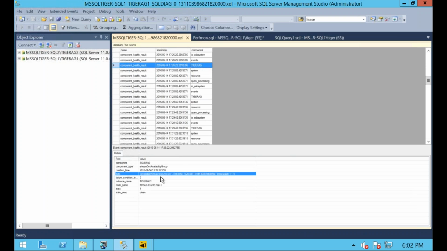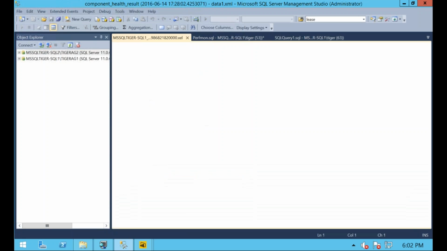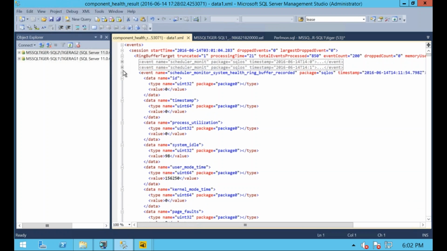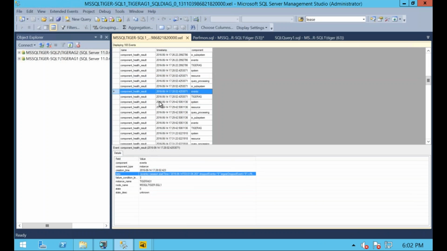You get to see the data from the AG, and you get to see all the additional system health sessions, and you also get to see the set of events that led up to the issue. So you get to see the ring buffer recorded. We can write T-SQL queries to process these extended event data points.